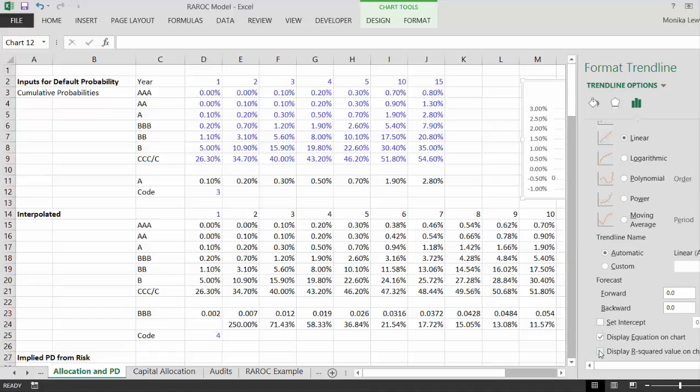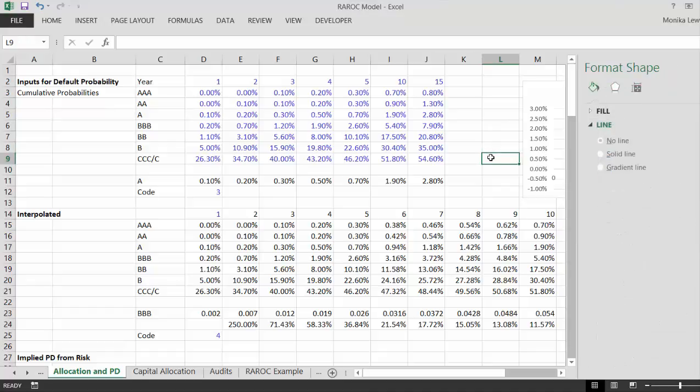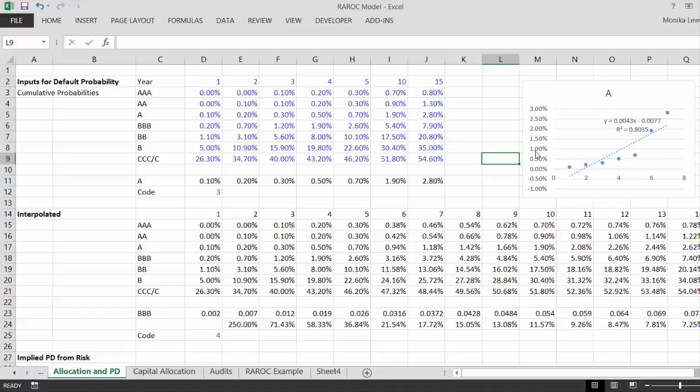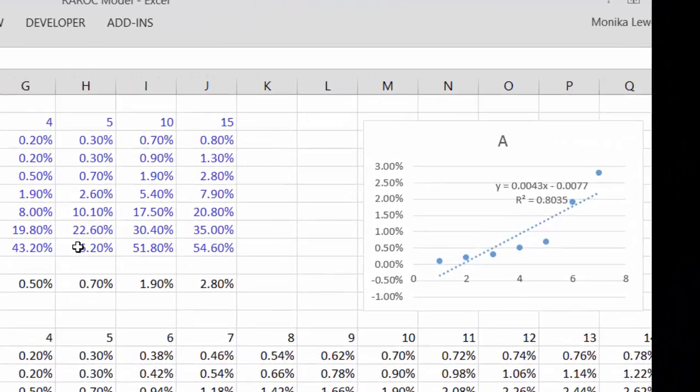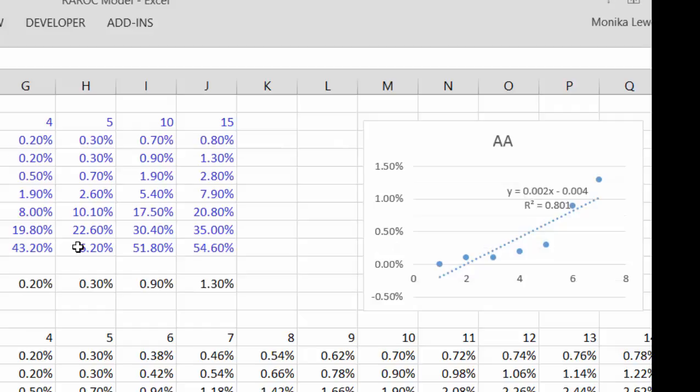We don't want to set the intercept, we want to just display the R squared. Okay, I guess we have to put an X out of this one, and 2 and 3.